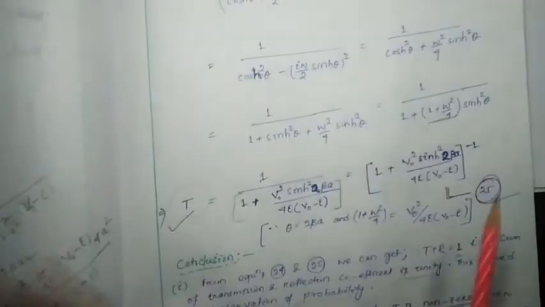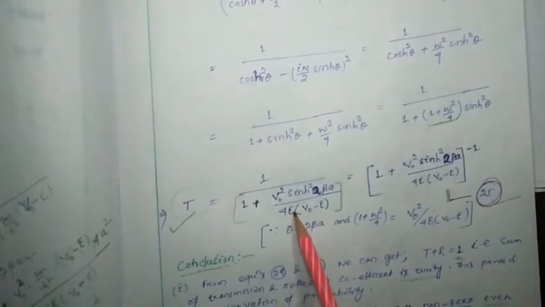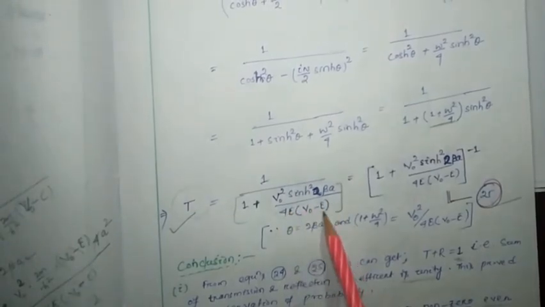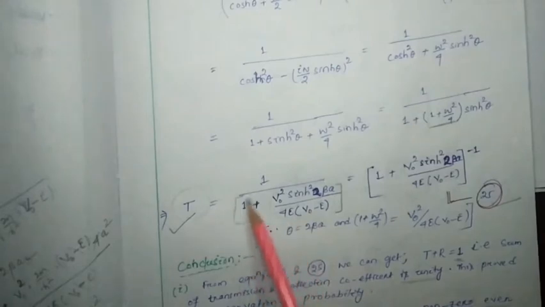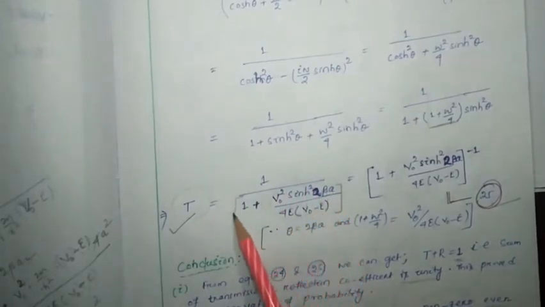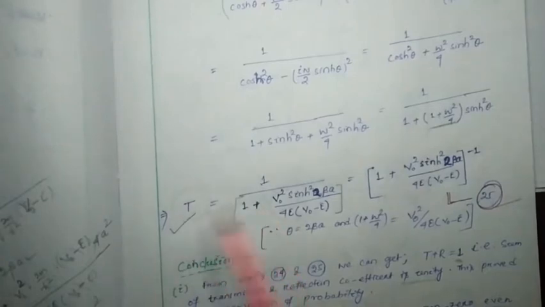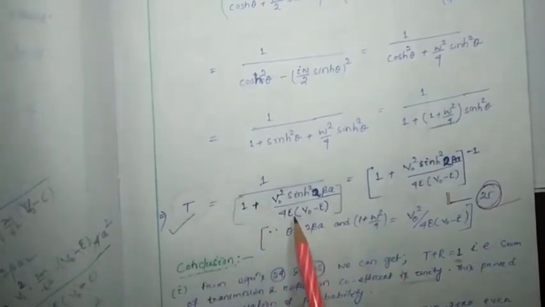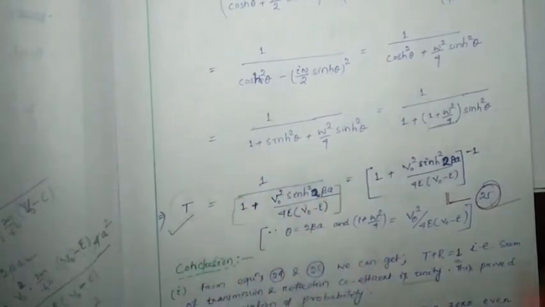Here E tends to 0, that means if E will be 0, then this will be 0. Something divided by 0 will be infinite. That means the denominator is going to be infinite. So 1 by infinite will be 0. So T will be 0. But if E increases, then T also increases.